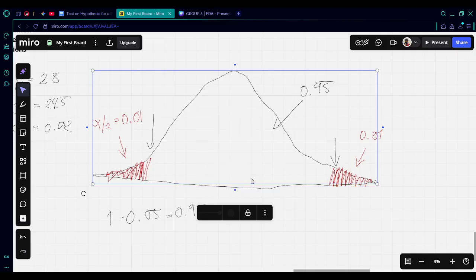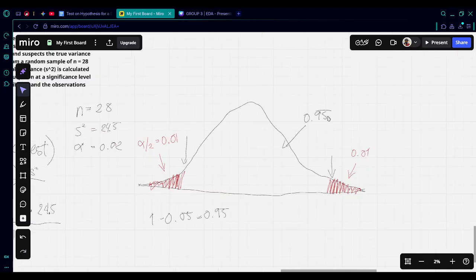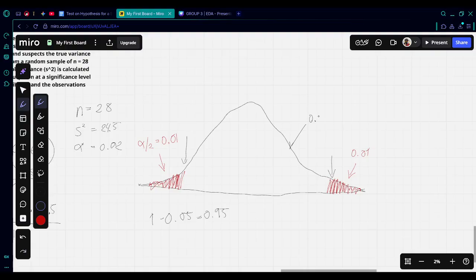Wait, wrong color. So this shaded region, we can get this one later on. Since this is 0.01, we can determine that this is 0.98 rather.